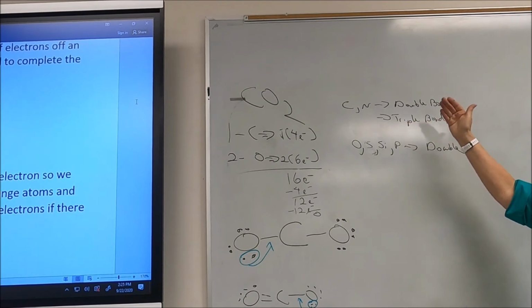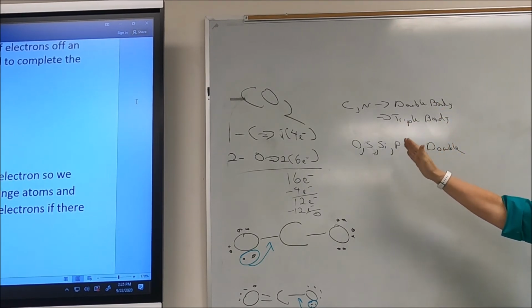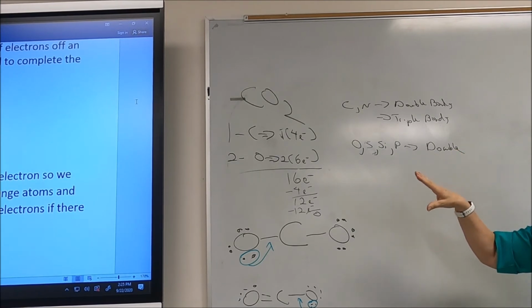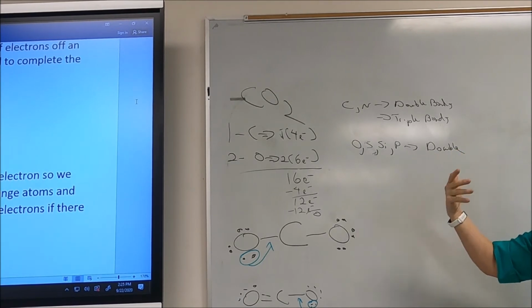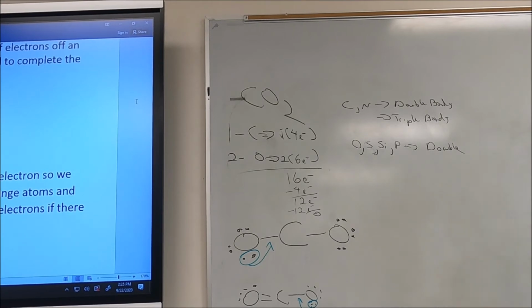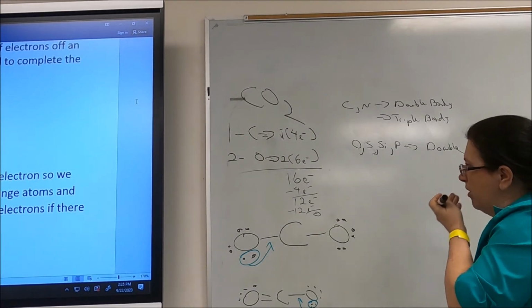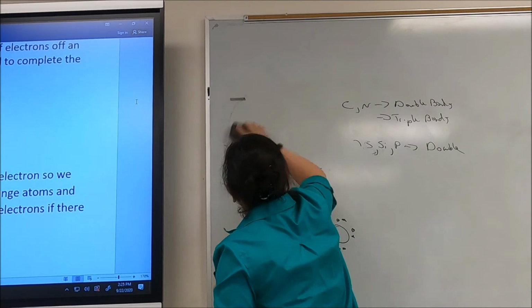So carbon and nitrogen can double bond and triple bond. Oxygen, sulfur, silicon, phosphorus, you can think about those as double bonding. Everybody else is going to try to stick to single bonds unless they're abused to the point that they have to do something unusual. Okay? Now, let me show you some other examples.